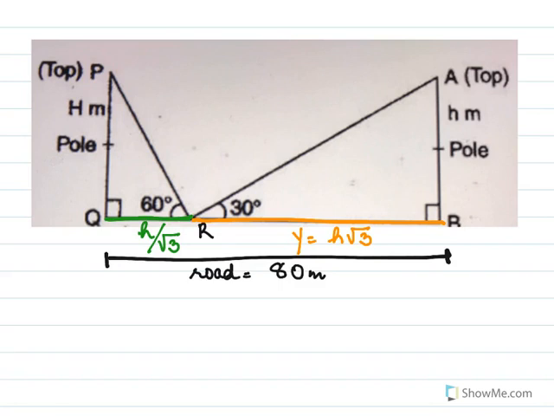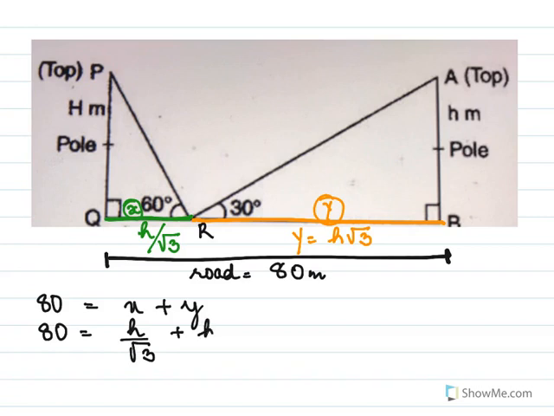So now you can make an equation. 80 meter will be x plus y. This was x here, and this was y. So let me solve it now. 80 equals h over root 3 plus h root 3.